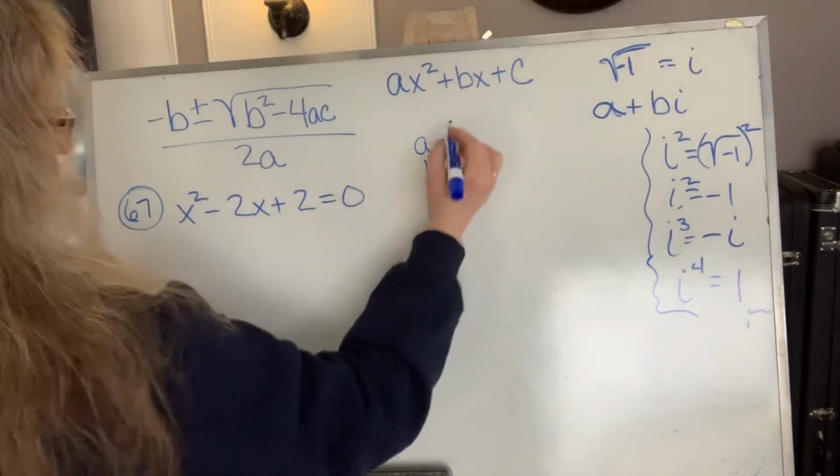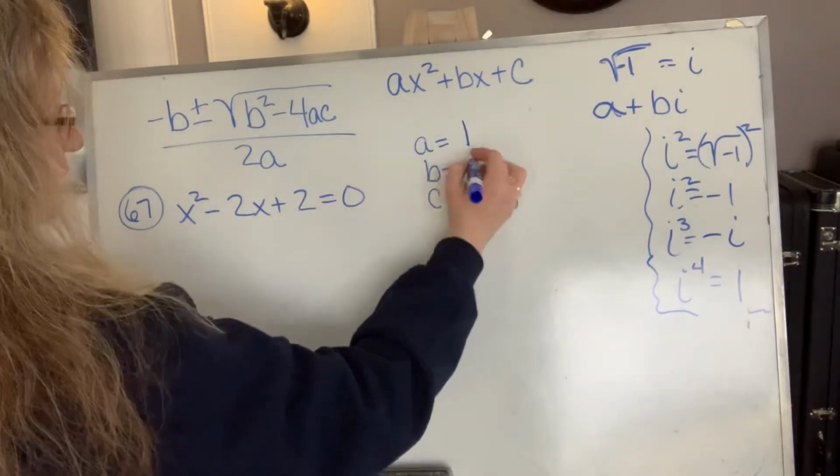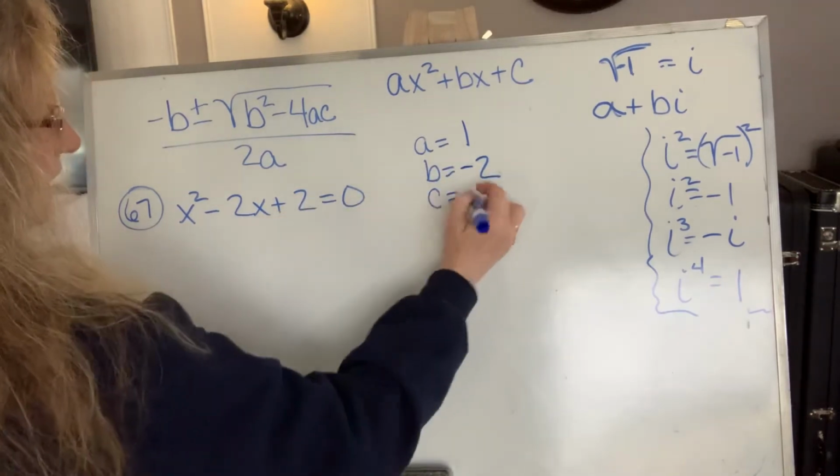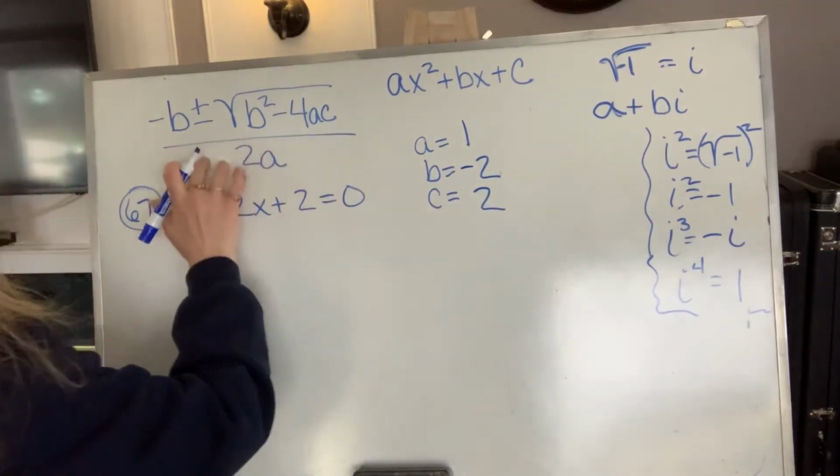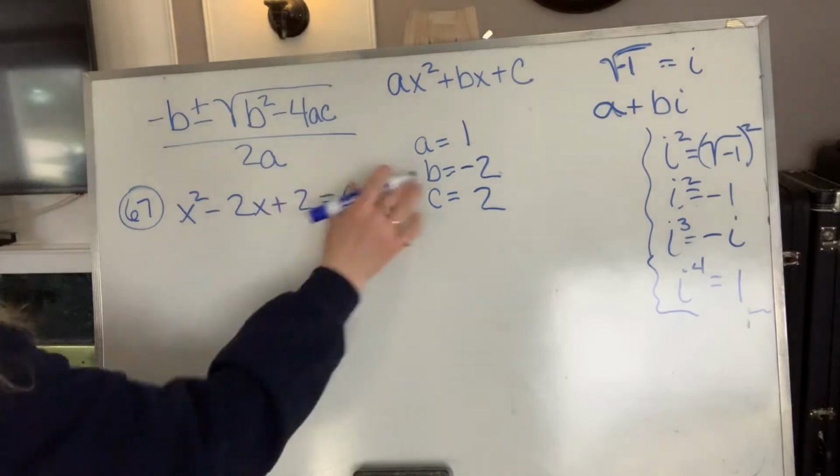So I strongly encourage you to write out your a, b, c. It may seem like a waste of pencil, but it actually will help you. My coefficient of x squared is 1. My coefficient of x is negative 2. And then my c is 2. So that when I go to plug it into my quadratic equation, I'm all set.